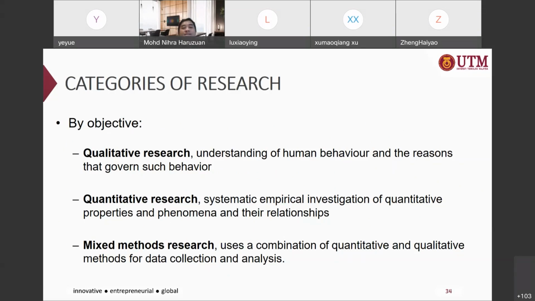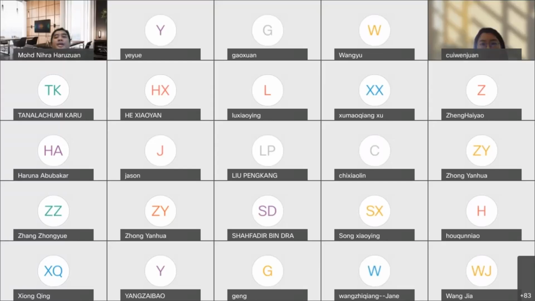And the last one is mixed method research, which uses a combination of quantitative and qualitative methods for data collection and analysis. These are the research methodologies we have now: either pure qualitative, or pure quantitative, or a mix of qualitative and quantitative, which we call mixed method research.